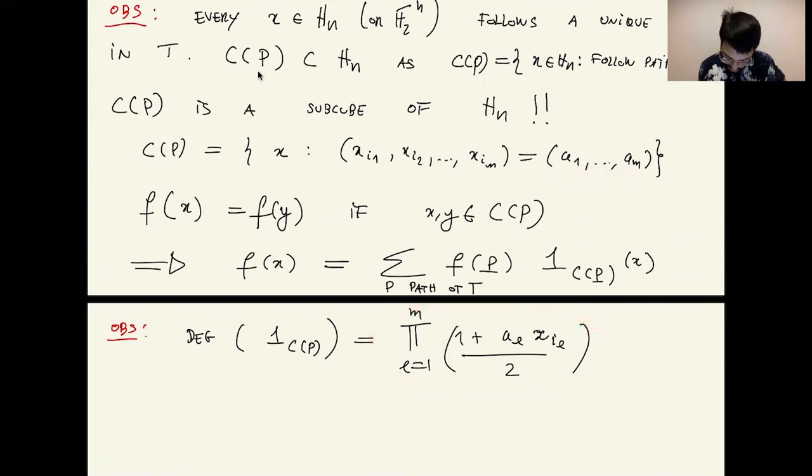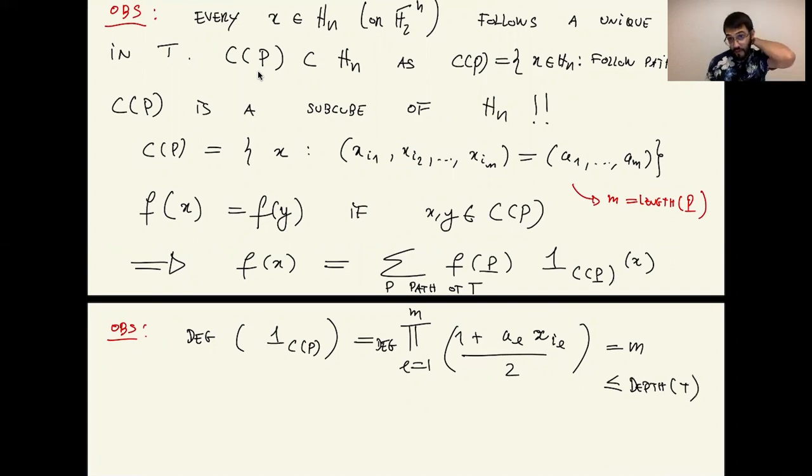I want to know its degree. The degree of that thing is exactly m. But what is m? Here m is the depth, the length of the path, which is definitely less than or equal to the depth of the tree, because the depth is the maximum among all those lengths.